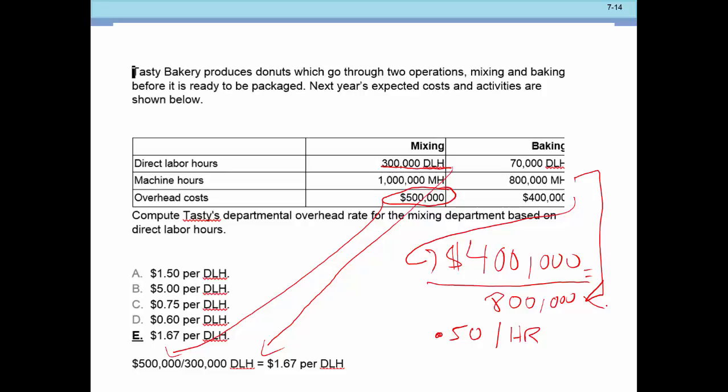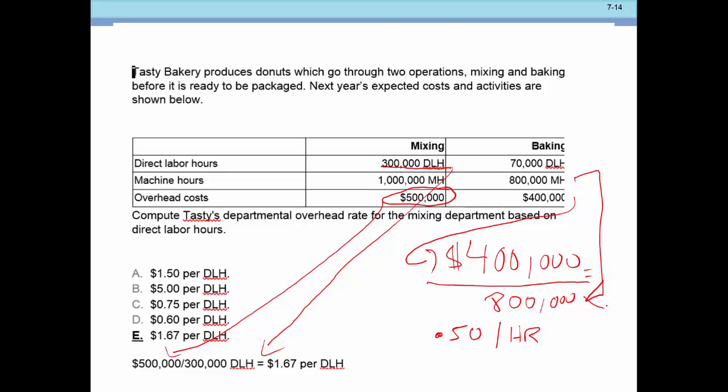So now that you have this cost by department, you can assign to your unit so much cost for the mixing, depending on how many direct labor hours that one uses. You can assign that product so much for the baking, depending on how much baking time it needs. If you have an item that you have to bake for a long time, then that's going to get more of the baking cost, right?